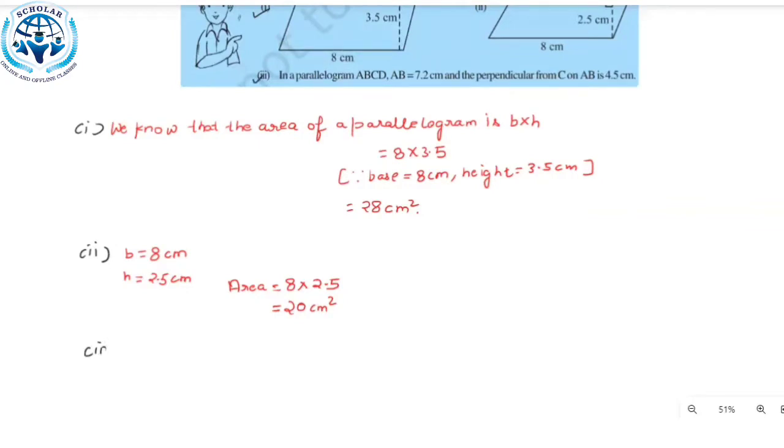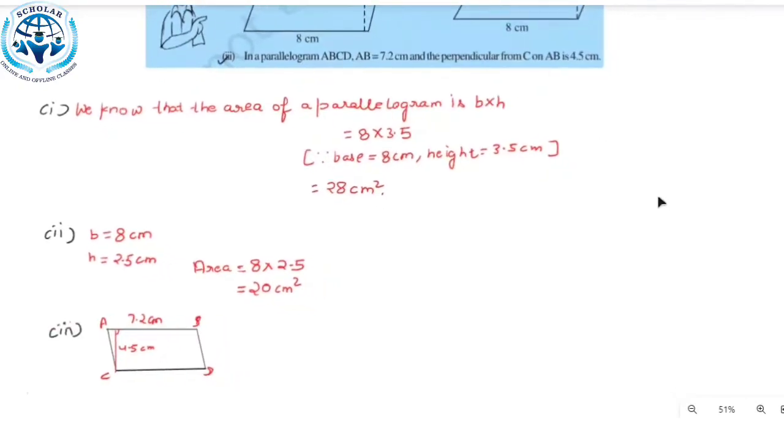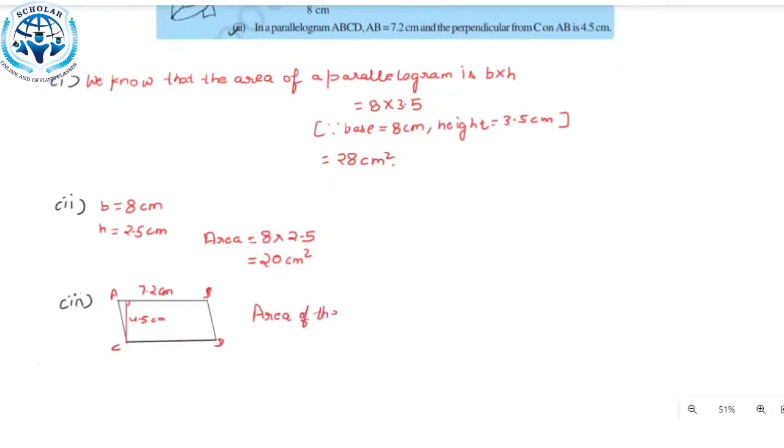Now this one, in a parallelogram ABCD, AB is equal to 7.2 centimeter. I have drawn the parallelogram. You can see the base and the height. From C, a perpendicular is drawn to AB, which is equal to 4.5 centimeter. That means the base is 7.2 centimeter and the height is 4.5 centimeter, as the height is drawn from the vertex to the base. So we can easily find out the area because both the measurements are given.